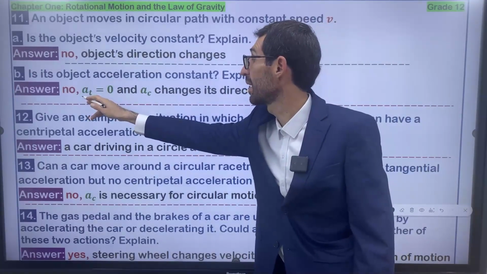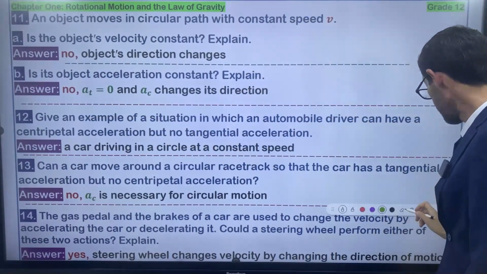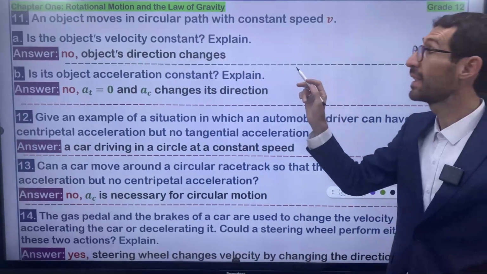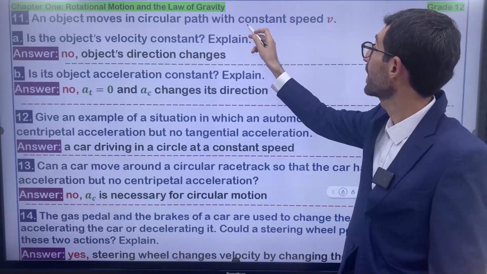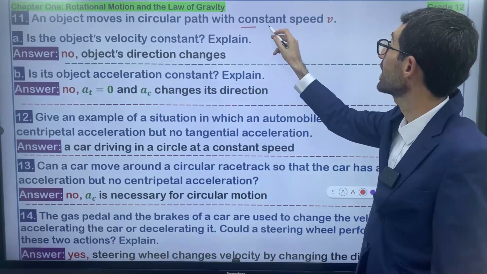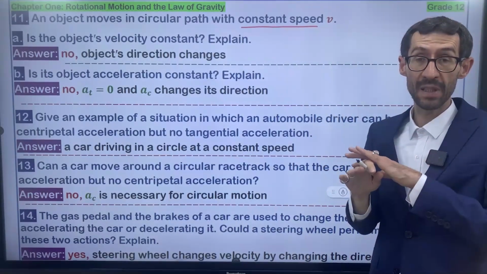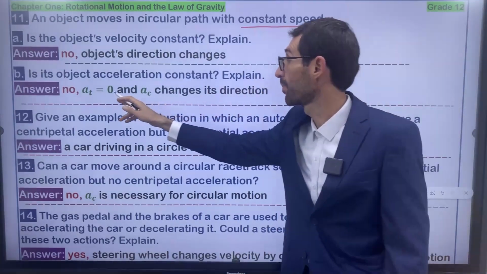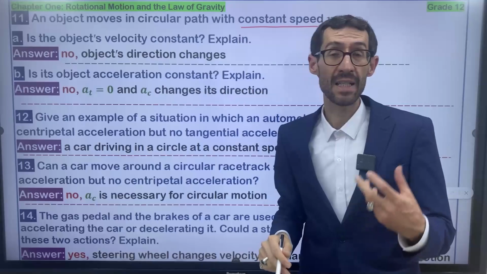Teacher, why do we say AT becomes zero? How do we know this? Take it from the text. It says constant speed, and constant speed means the speed does not change. So AT becomes zero. And why do we say AC is not constant?